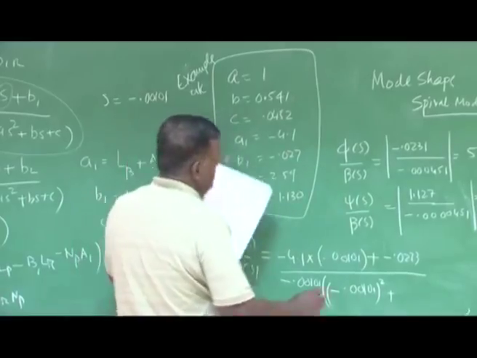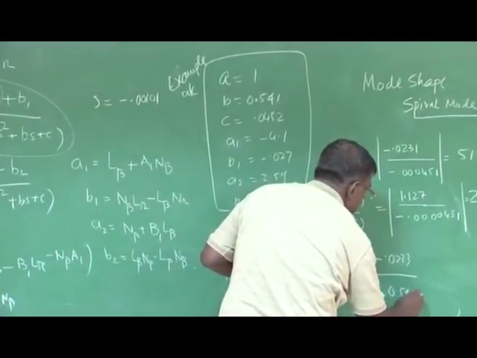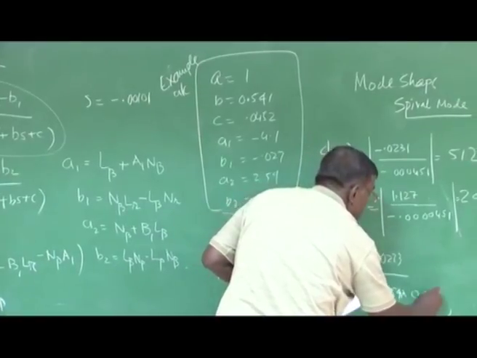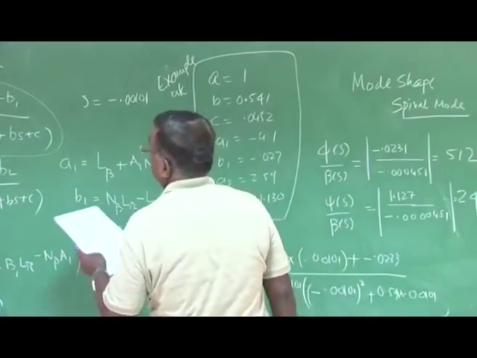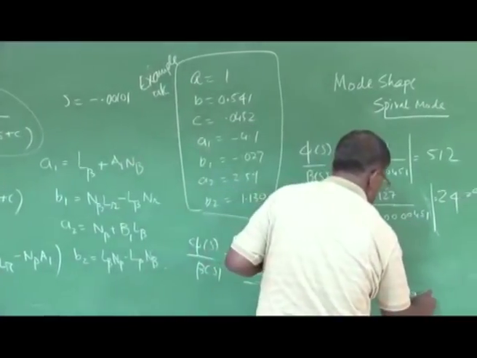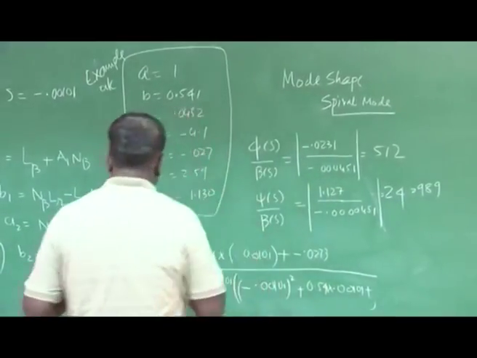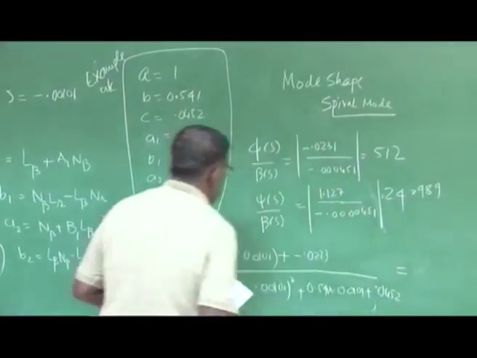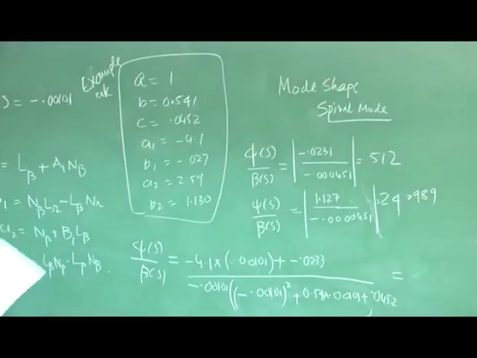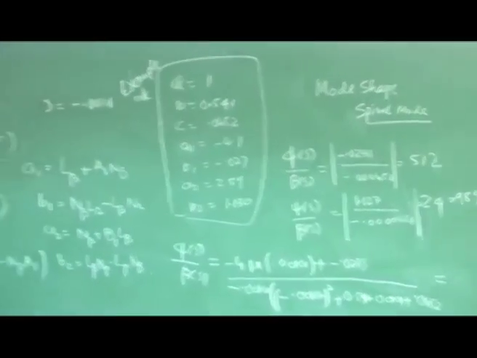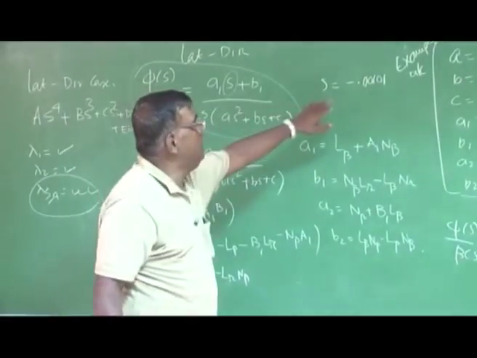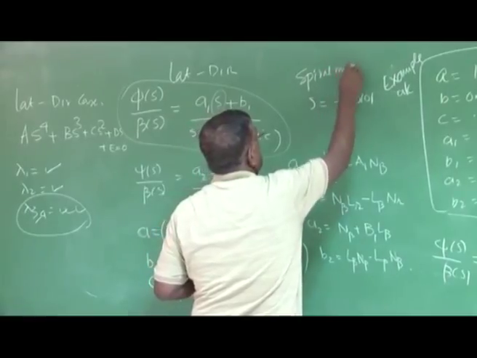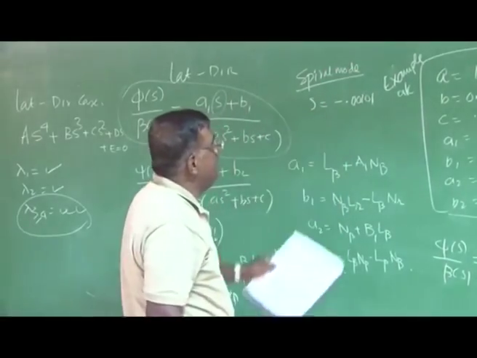B you could see here, 0.541 into s is again 0.00101, right? Then plus C. C is how much? Check here, what is the value of C? 0.0452. If you do that, I may commit some mistake in putting the values, don't blame me. Simple thing, A1, B1, all these values you know, s you know for spiral mode, which we have got from the exact equation of the same airplane, is minus 0.00101.